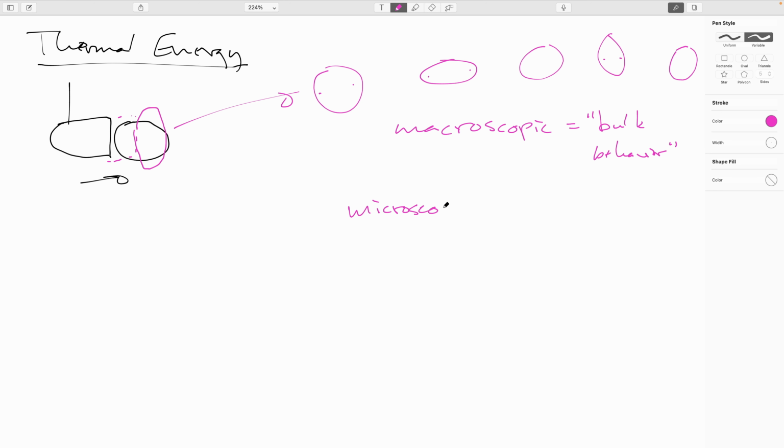In this case, each of the individual molecules making up the golf ball are moving back and forth. So this is the molecule by molecule part of it.